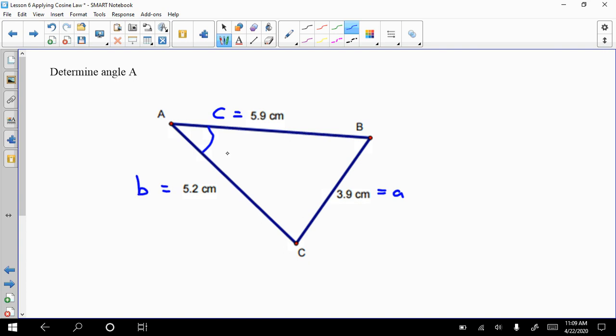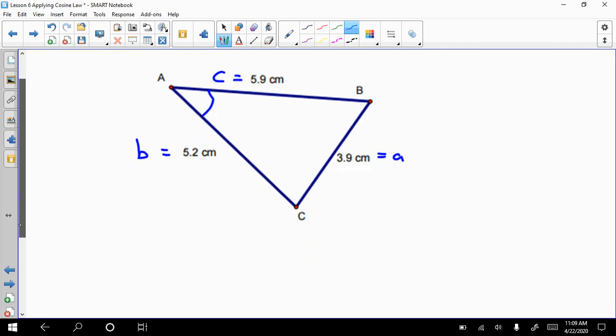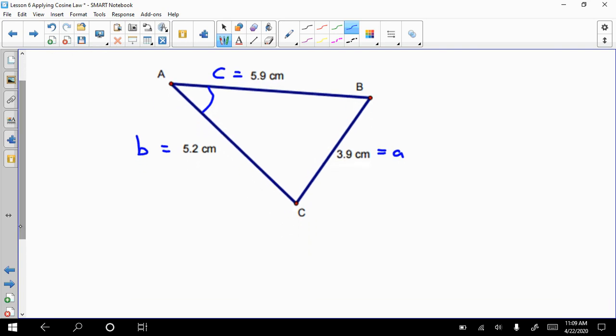Okay, so we want the angle A. So the version of the cosine law that I'm going to use has to be A. Now I'm going to write it two ways for you, just so you can see this. So watch this. I'm going to write it like this. a squared is equal to b squared plus c squared minus 2bc cos of angle A. Look at that. It's got my unknown in it.